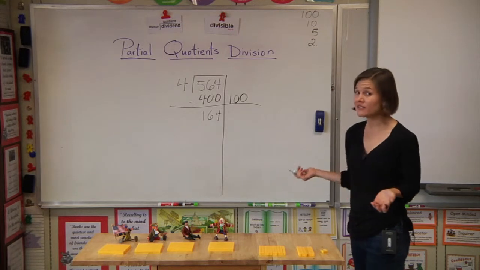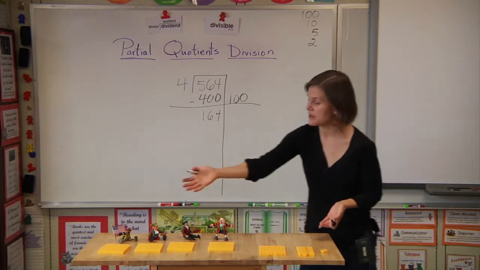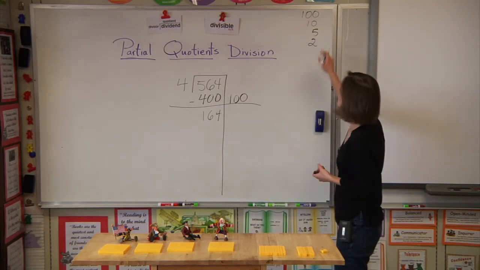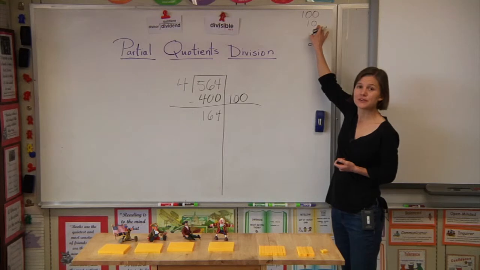Well, I don't have enough left to give everybody another whole chocolate bar, so I'm going to have to go with a smaller friendly number. Perhaps we could go with 10.